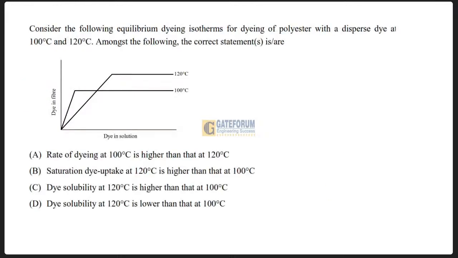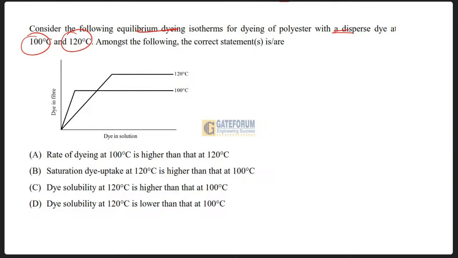Consider the following equilibrium dyeing isotherms for dyeing of polyester with disperse dye at 100 degrees Celsius and 120 degrees Celsius. Among the following, the correct statement is to be identified.